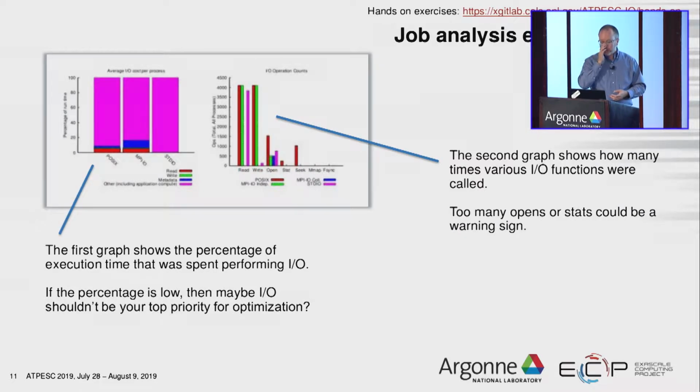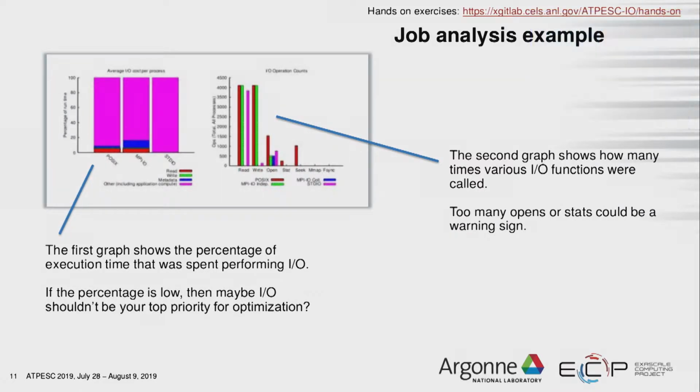The next thing, if you go down, I always point people at this big pink-looking graph on the left. This tells you what percentage of your runtime each process spent doing I/O on average. So this is a good first thing to look at because it's often the indicator of whether you have an I/O problem that you should be concerned about or not.